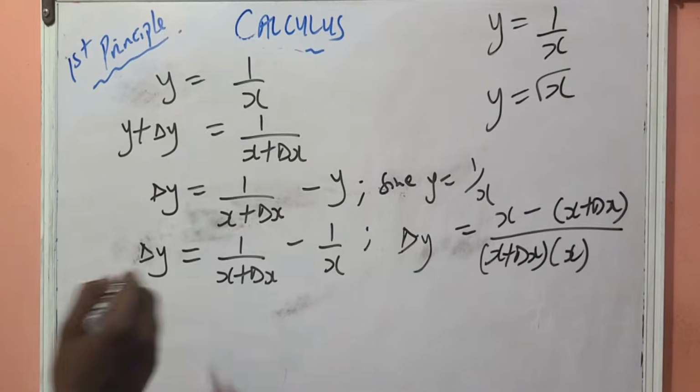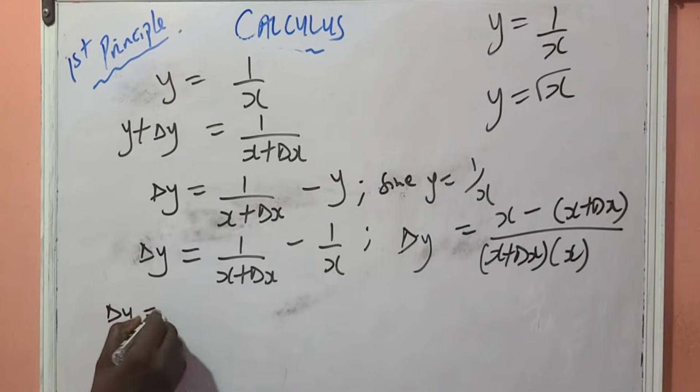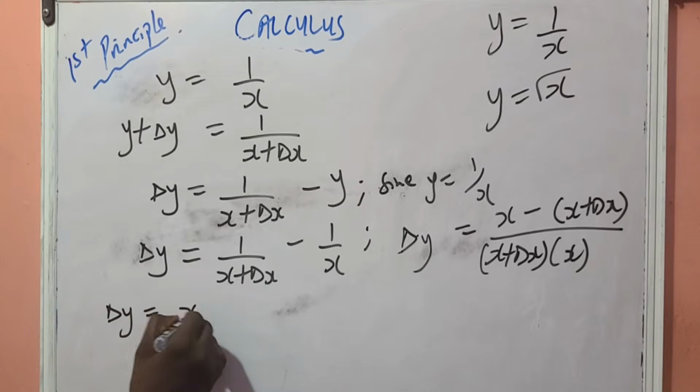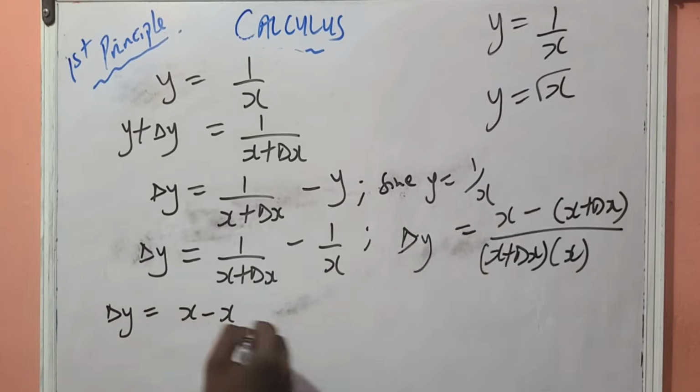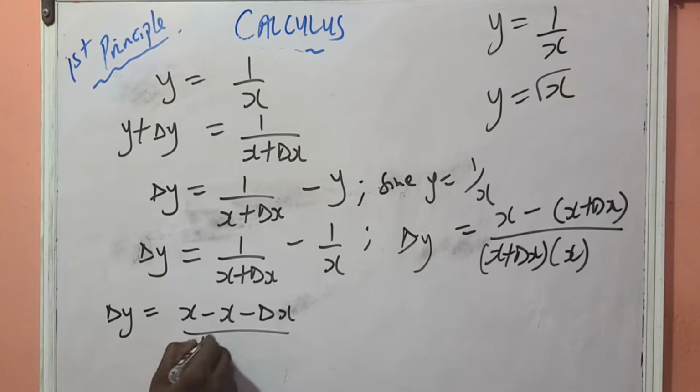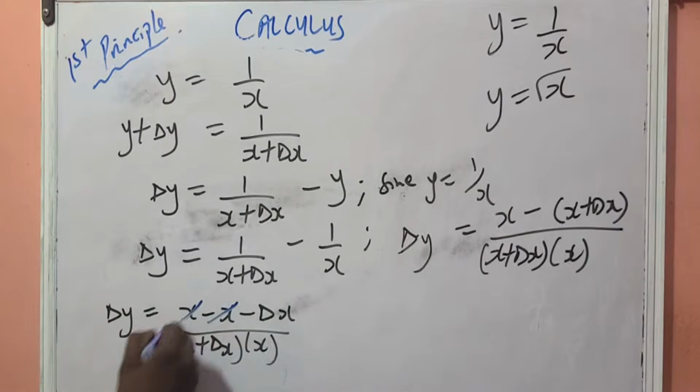And we want to have change in y being equals to x minus x, you see the importance of the bracket right there, minus change in x over x plus change in x times x. I'm sure you can see what's going on there. If you are following, you will know that this x will cancel this x.